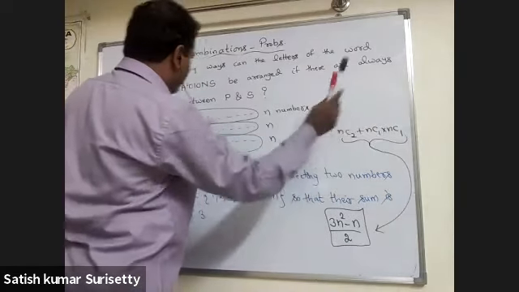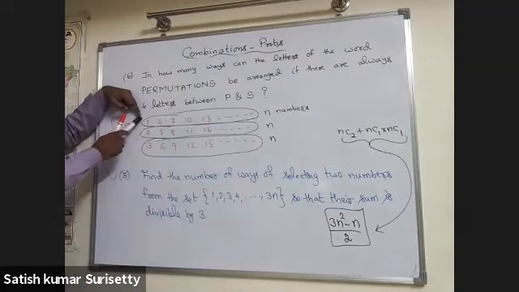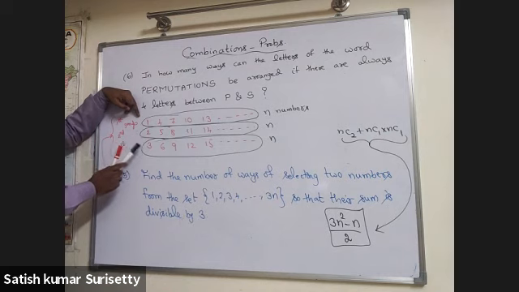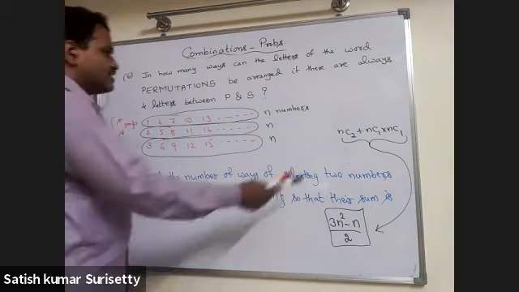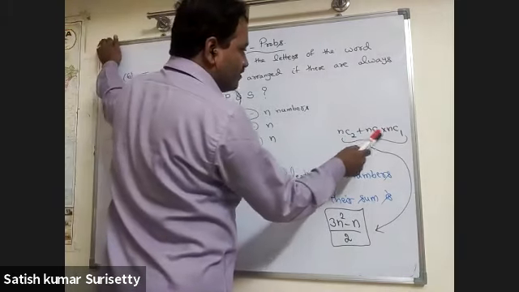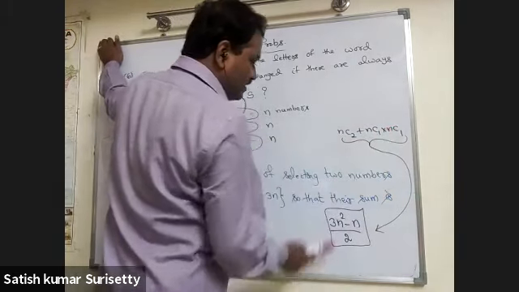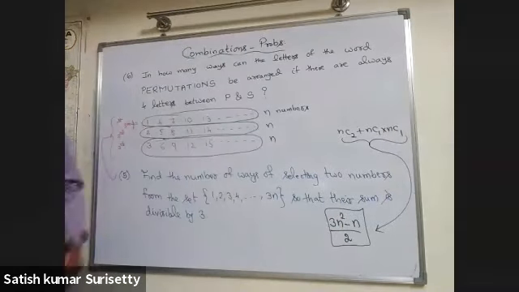So nC1 into nC1. Now let us consider the first group and third group. When I select one number from the first group and one number from the third group, the sum is not divisible by 3. In the same manner, one number from the second group and one number from the third group is also not divisible by 3. That means there will be only two cases: nC2 plus nC1 into nC1. If you simplify, you'll get (3n square minus n) upon 2.